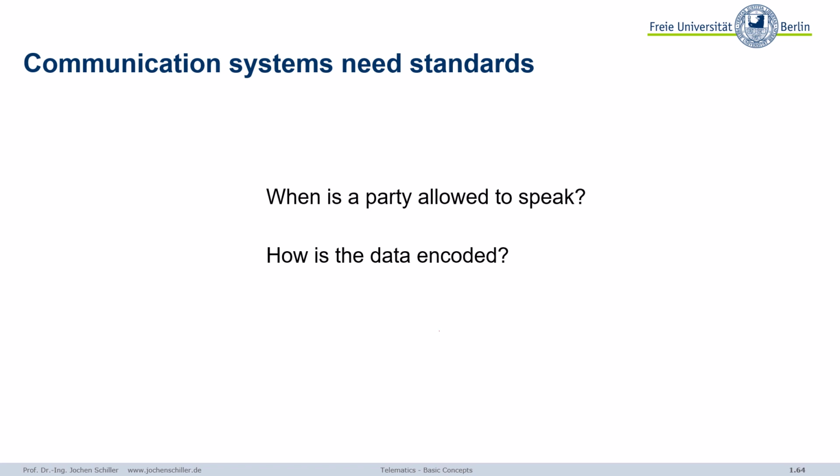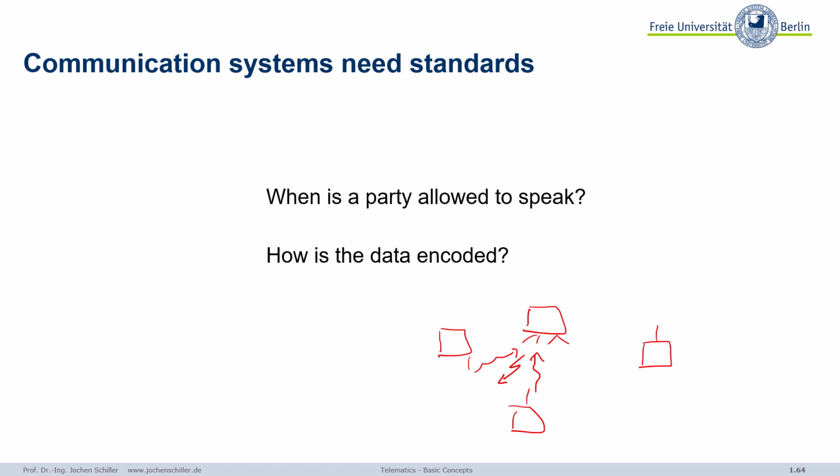Think of a setting where we have many computers in a room, all with their antennas, and you have an access point here, several antennas, and then when are you allowed to start sending? Because if you send, for example, at the same time, there's a collision. Doesn't work.